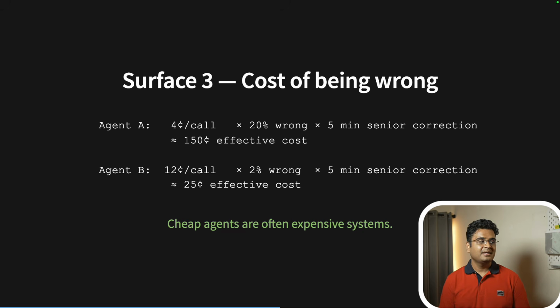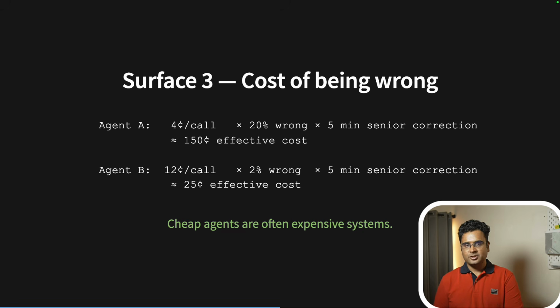And sometimes it is catastrophically higher. You do not see this on the OpenAI bill, but you do see it in your support ticket volume. You see it in the number of rollbacks. You see it when a pipeline that should have run overnight didn't run because the agent told the scheduler to skip it.